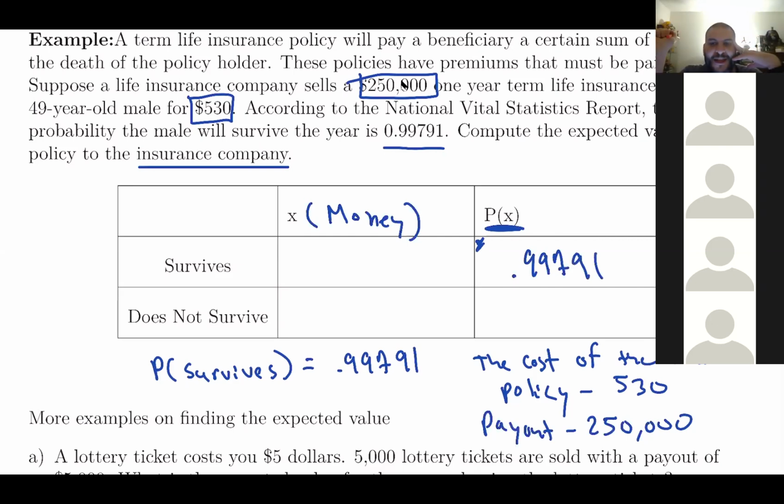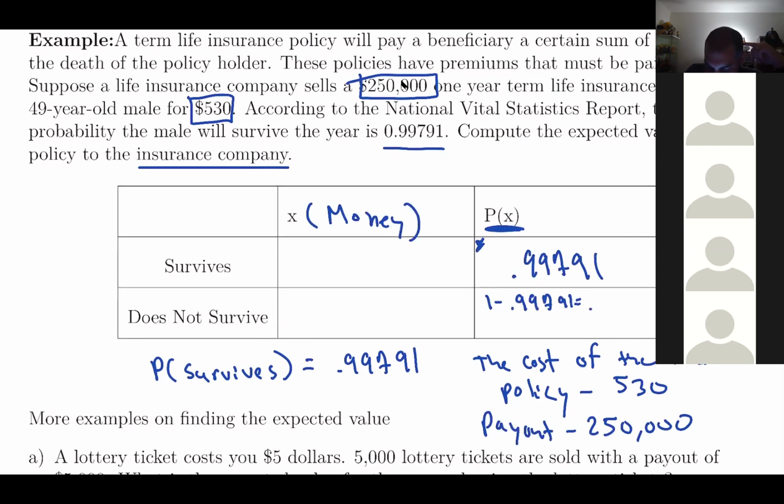Great job. What's the probability somebody does not survive the year? You want to do 1 minus 0.99791, which Javier already gave us, which is 0.00209.